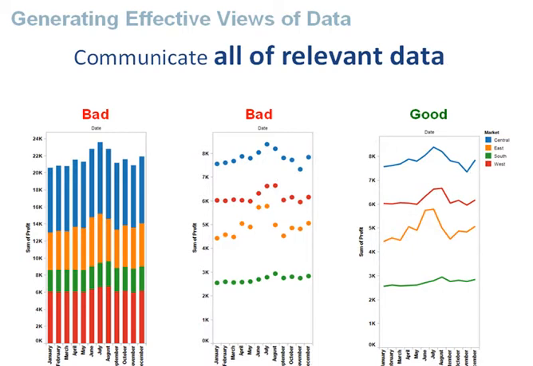By stacking it, we've actually lost some of the data, because each of these blue points doesn't have the same common baseline. So when I look at June versus July, I can't even tell if it increased or decreased between these 2 bars. So I'm not able to answer my question, which is, what is the time varying behavior? Because I can't see the time varying behavior. This view isn't communicating all that information.